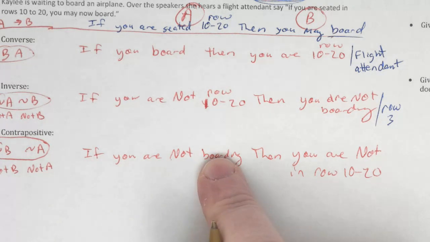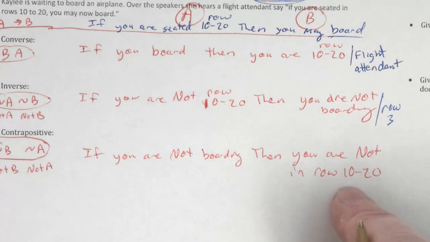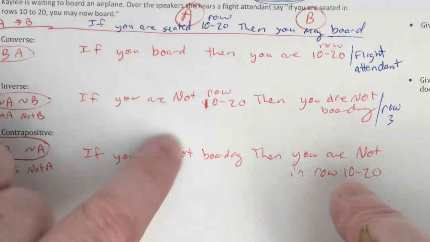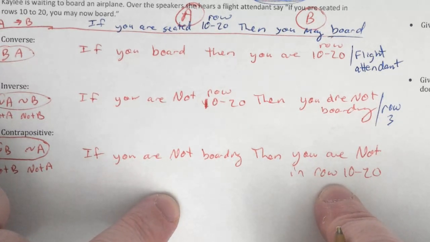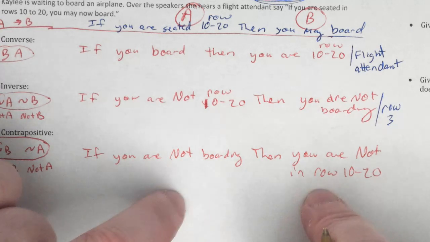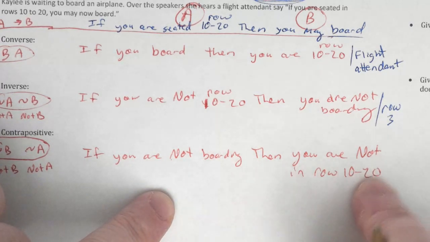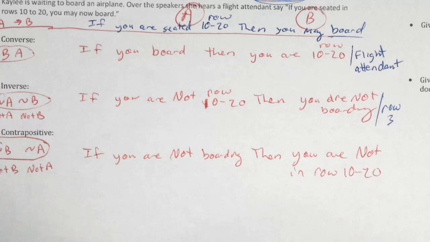Okay, so what would be a reason why we are not boarding? But we are in row 10. So both parts, and you are not in, so we're in row 3. What's the reason we're not boarding?